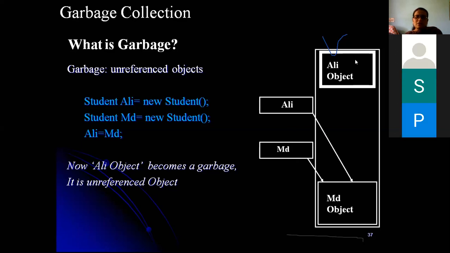The Ali object becomes an unreferenced object, so now the Ali object becomes garbage. This kind of memory can be restored by garbage collection for another class or another object. This concept is called garbage collection.